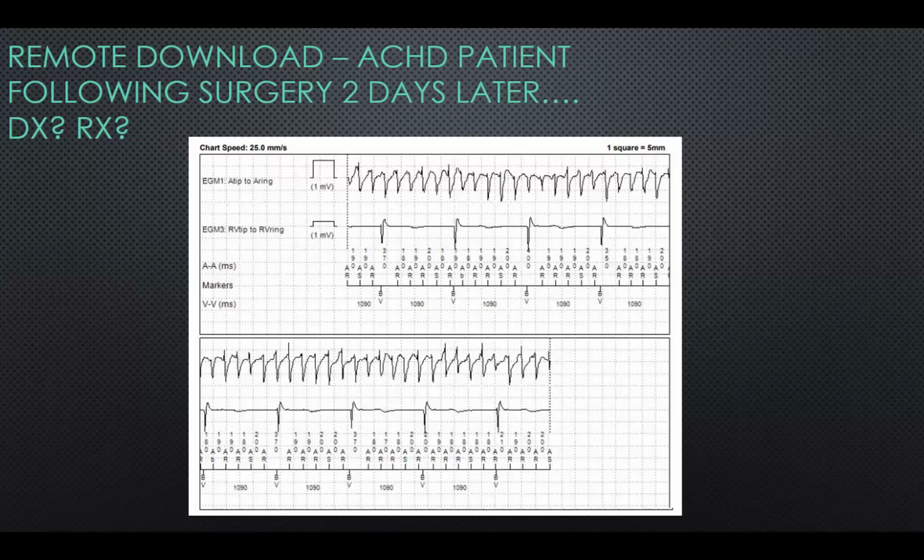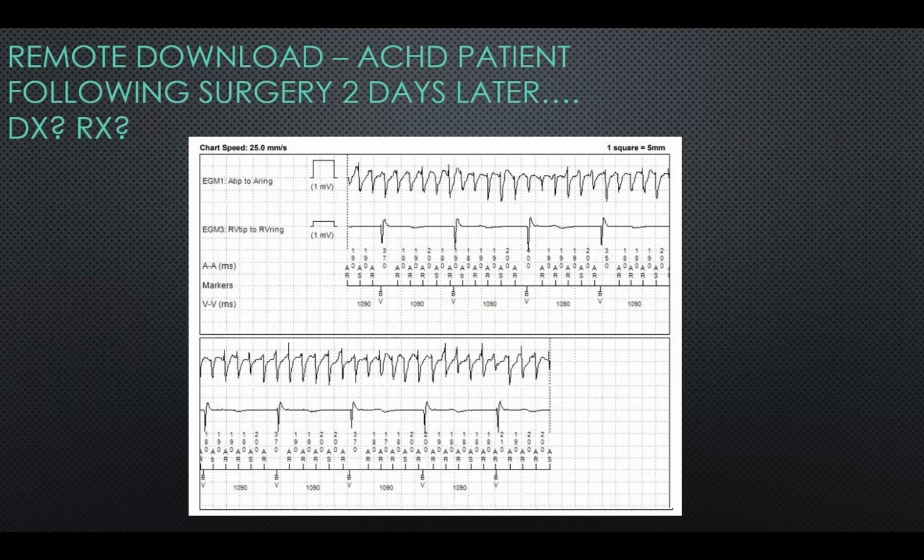This looks like a regular rhythm. Yeah, I agree with you. It looks regular. So you have an atrial rate that is about 300 beats per minute. What do you think that is? This is a congenital patient who's had open heart surgery. I would say, is it some kind of flutter?